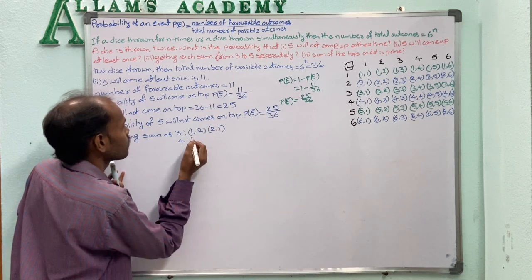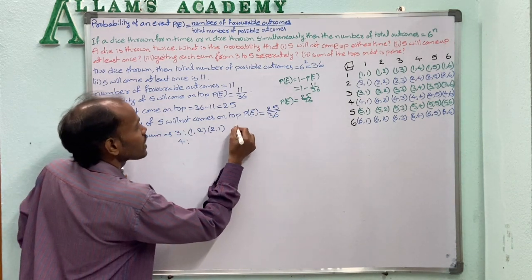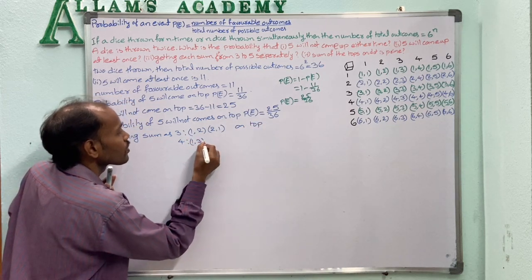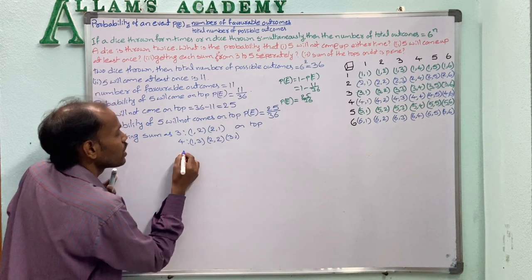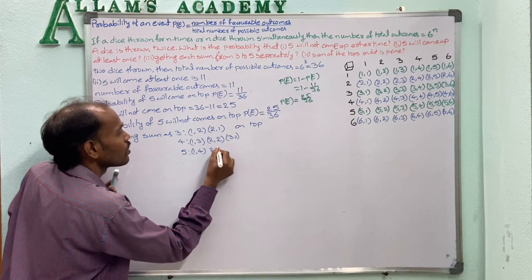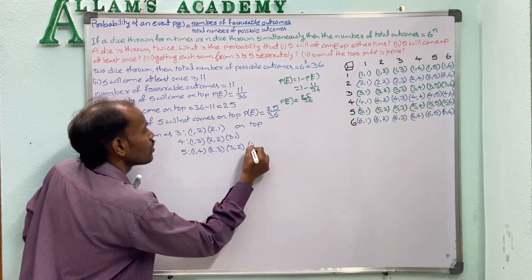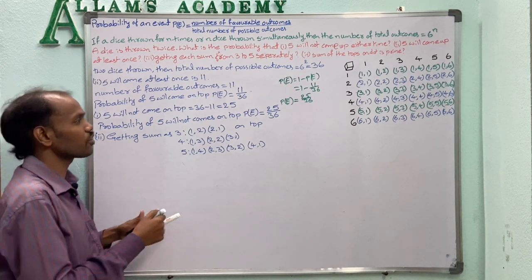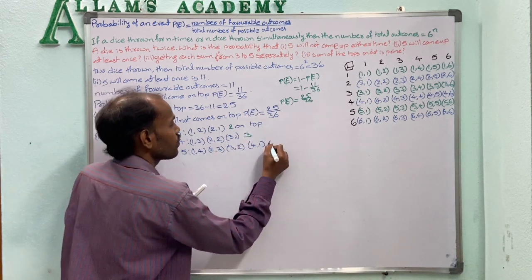For 4 on top: 1, 3, 2, 2 and 3, 1. For 5: 1, 4, 2, 3, 3, 2 and 4, 1. Now if we observe, 3 appears 2 times, 4 appears 3 times, 5 appears 4 times.